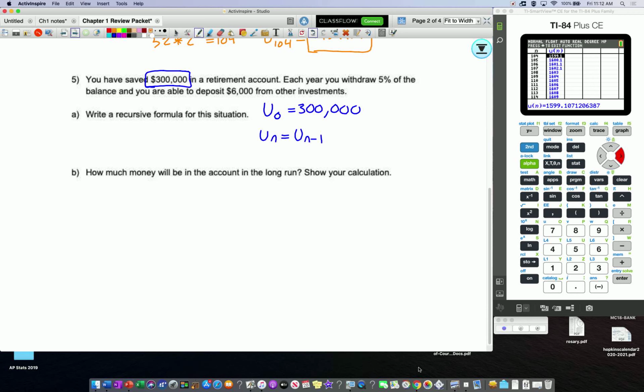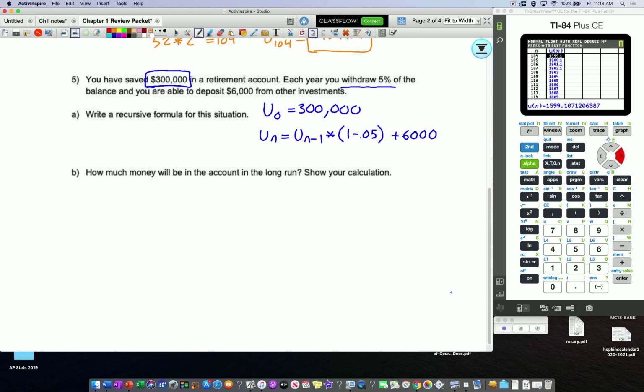Wow. Okay. So then we go u sub n equals u sub n minus 1. Okay. Now, you're going to withdraw. So you're going to take away. So what happens there is we're going to multiply by 1.05, okay, because we're taking that amount away. However, we're able to put $6,000 back into the account from other investments and stuff. Sounds good.